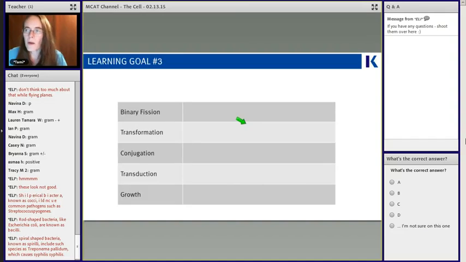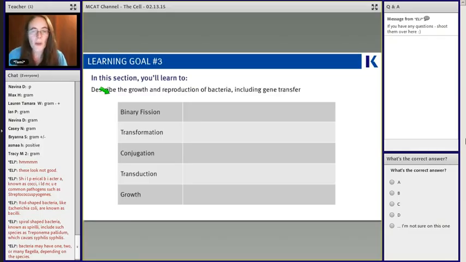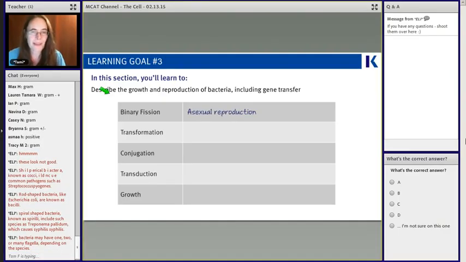This part, we should know what we're talking about here. We've already got this. You've already mentioned binary fission. This whole section is going to be about how do bacterial cells or prokaryotic cells reproduce, okay, and how quickly do they reproduce? How do they share their DNA? So binary fission is that asexual reproduction where they just split, the cells are identical.